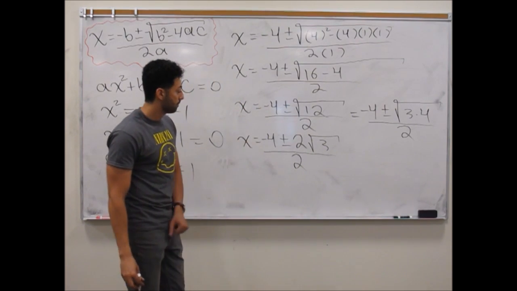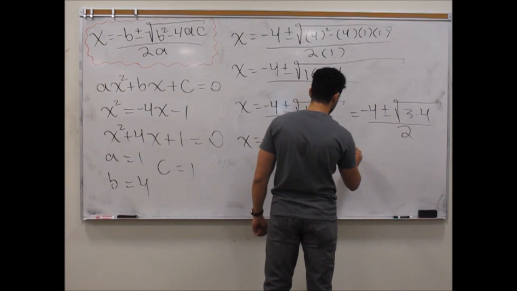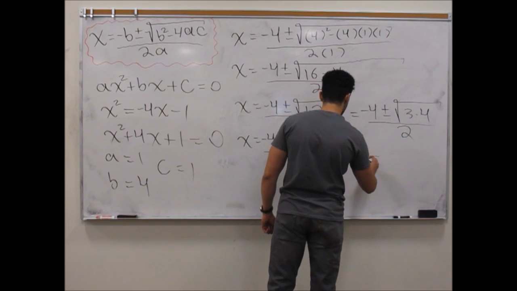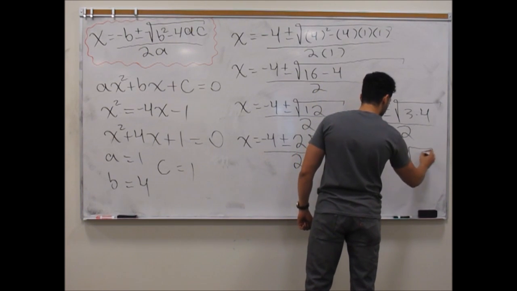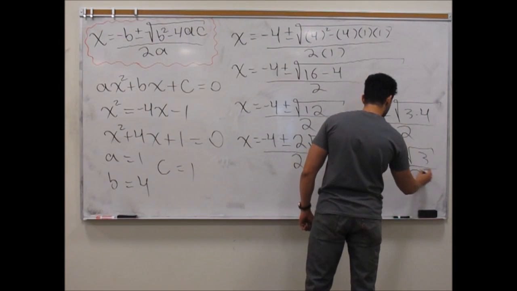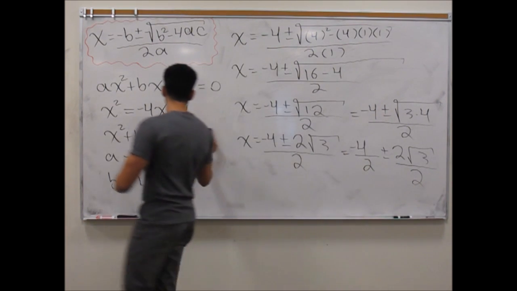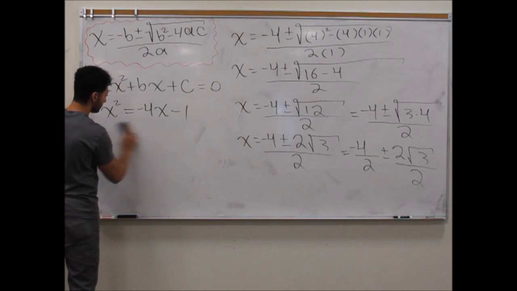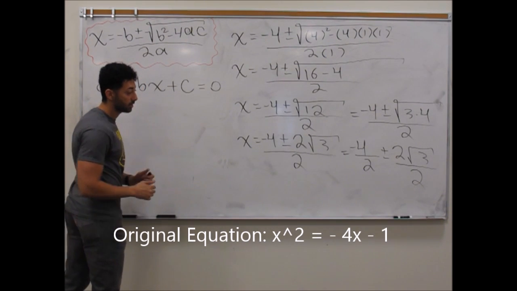And now we could split up the LCD to get negative 4 over 2 plus or minus 2 rad 3 over 2. So then we come over here and we got a plus and a minus case.